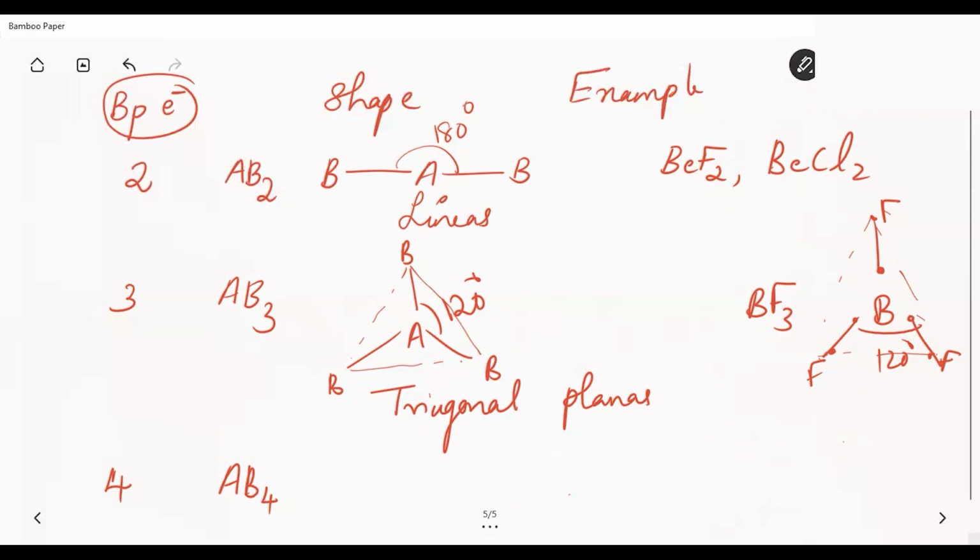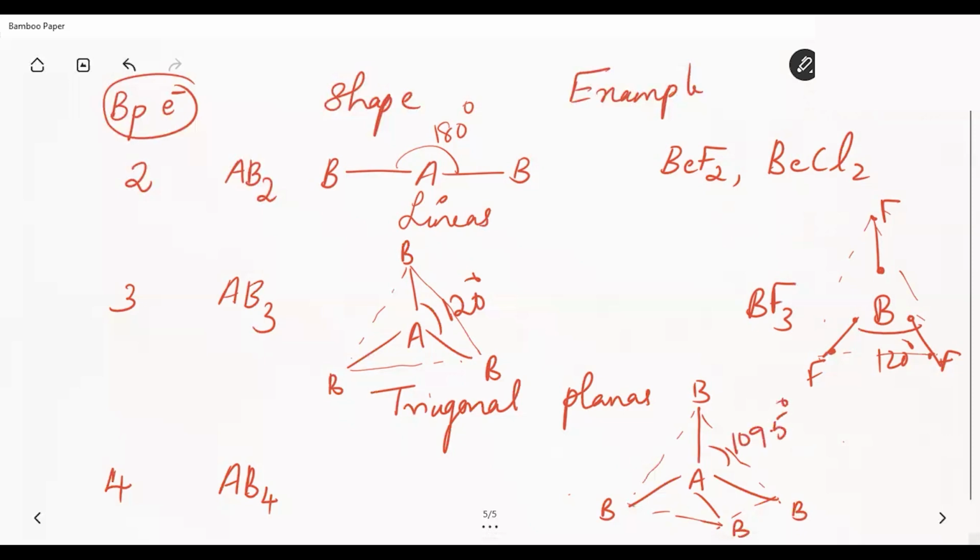We can make them like this, A here, and make a pyramid like this. This shape is called tetrahedral, and its angle is greater than 90, that is 109.5 degrees.